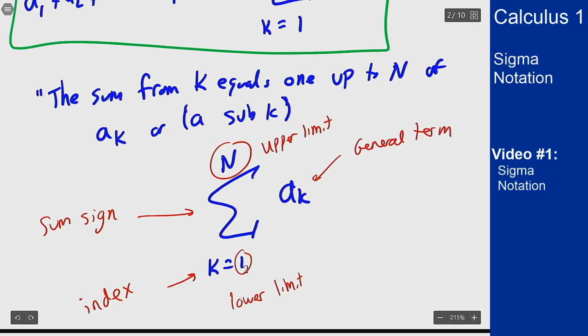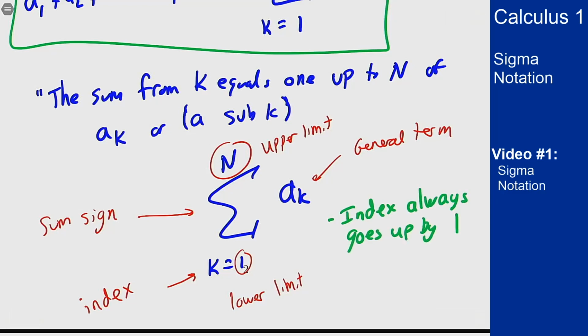The point is, as I go, I'm going to say, let k equal 1. Now let me put k into this expression, see what I get, and that's the first term of the sum. Then do it for k equals 2, do it for k equals 3, and so on until I get to N. Do it for N, and then stop. The points to keep in mind: the index always goes up by 1 every time, and it can start and stop at any numbers.